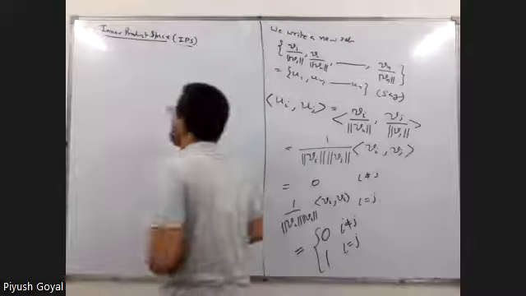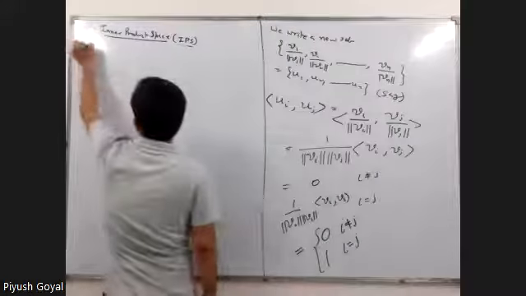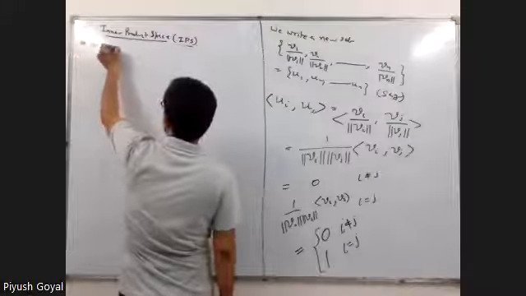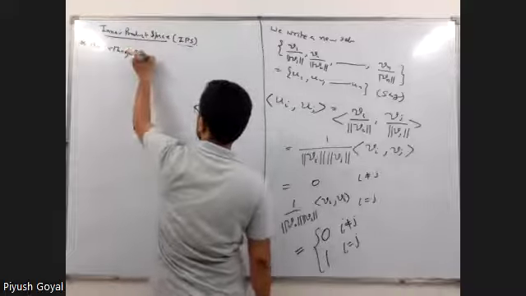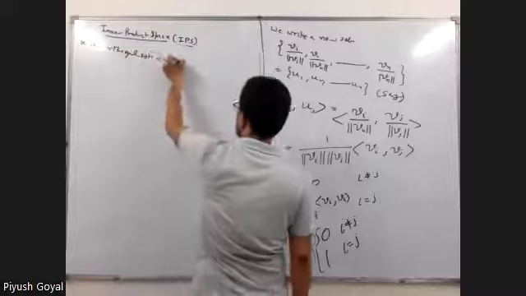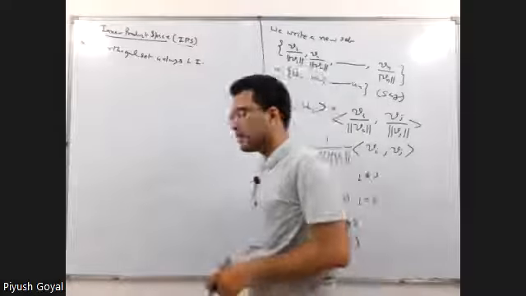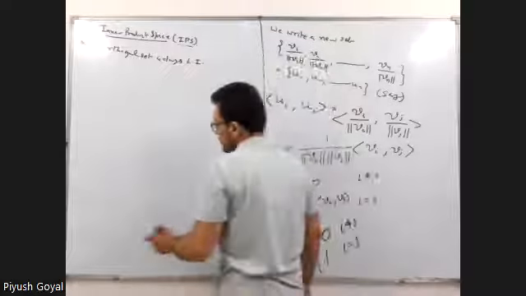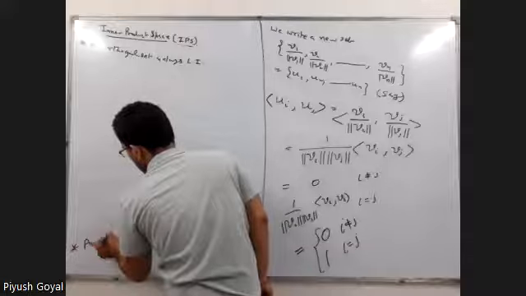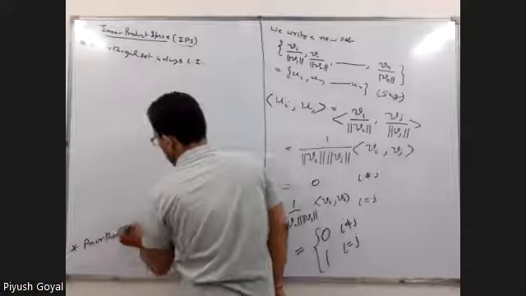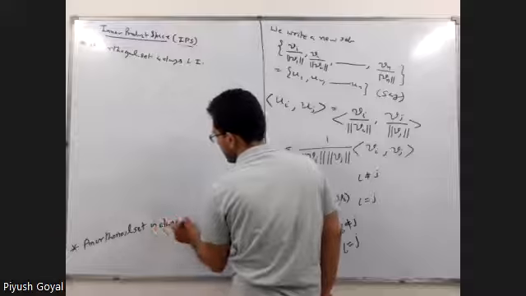Next is a theorem. Theorem says that an orthogonal set is always linearly independent. So the corollary will be an orthonormal set is always linearly independent.